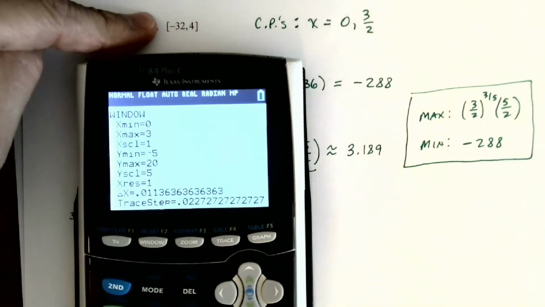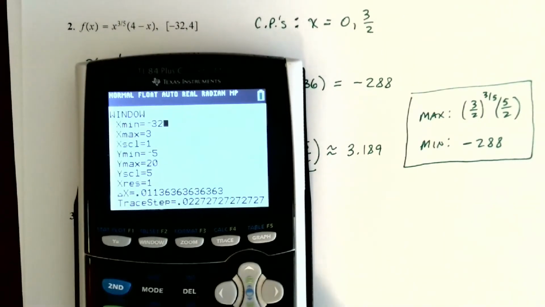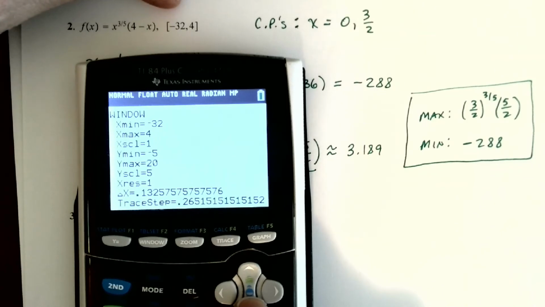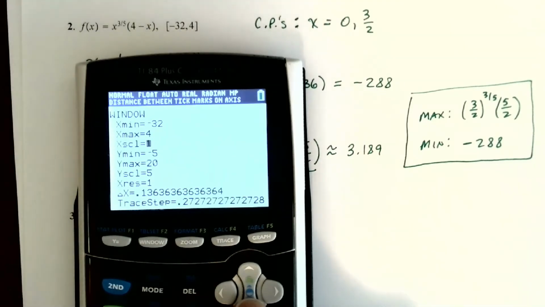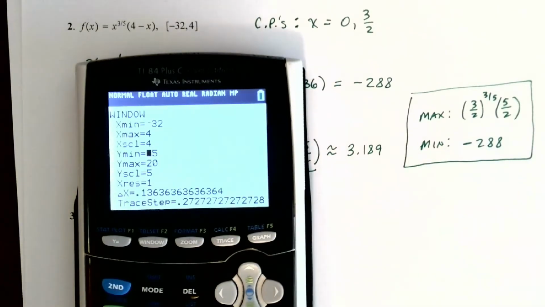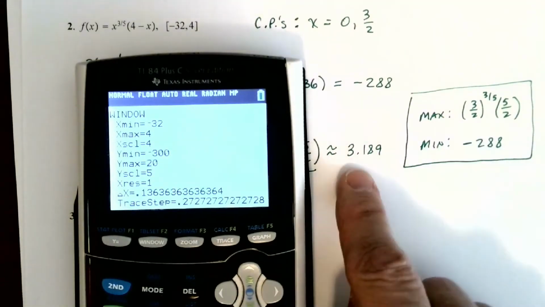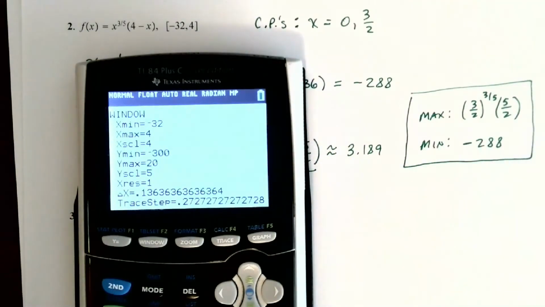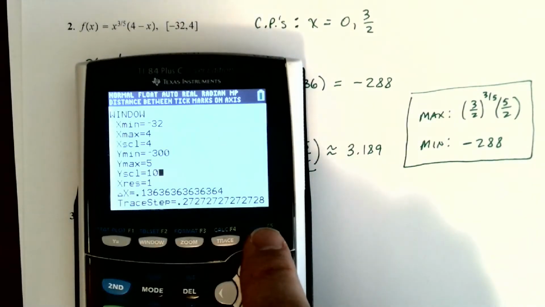Well, the big one is negative 32 to 4, the entire interval, and I'll do increments of 4 on my x-axis. And then for my negative 288, let's go down to negative 300 or something, up to this, which was 3.189. I'll go up to maybe 5, a little bit more than that, and I'll put 10 or something there.